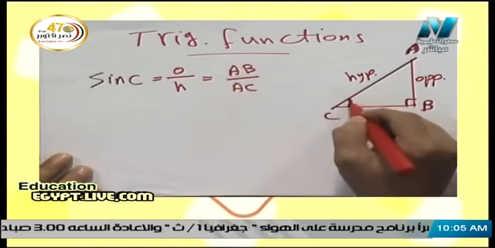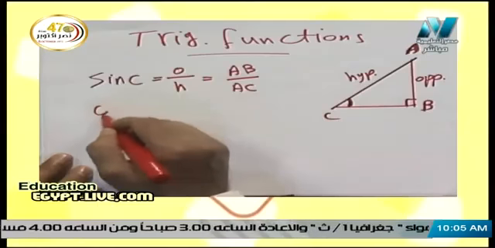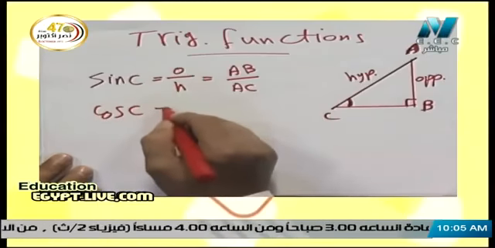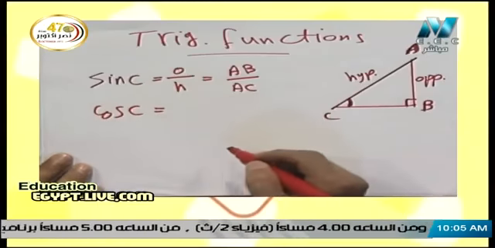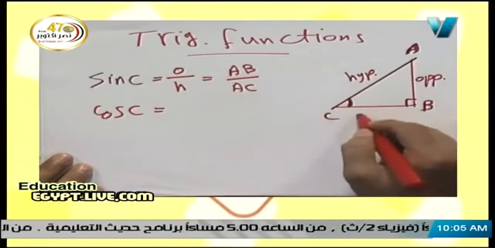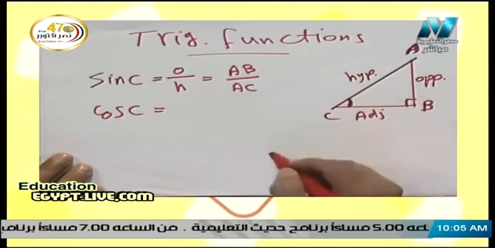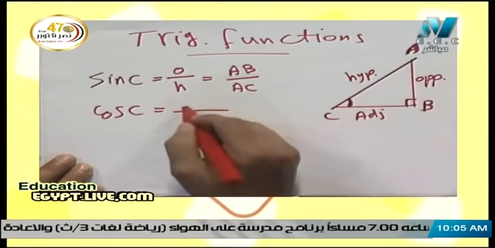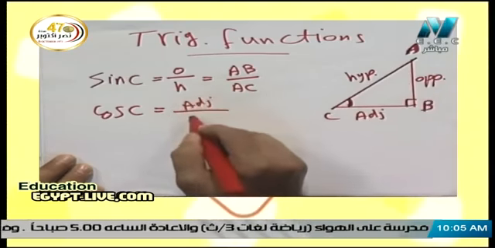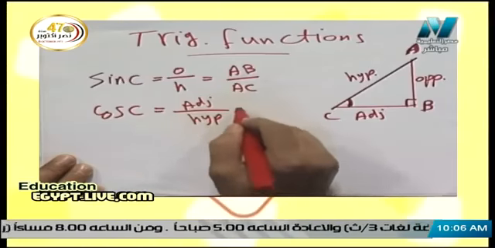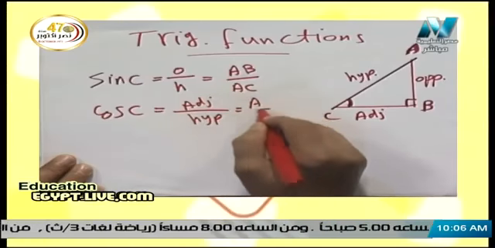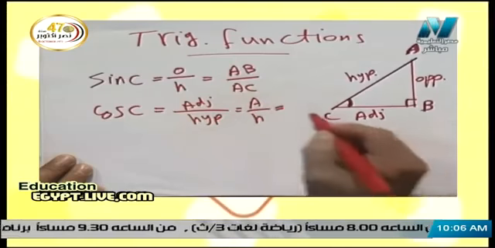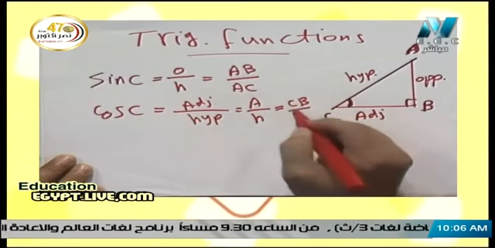For the same angle C, we can write cosine of the angle C. Cosine angle C equals adjacent side over hypotenuse side, which is A over H, which is CB over AC.